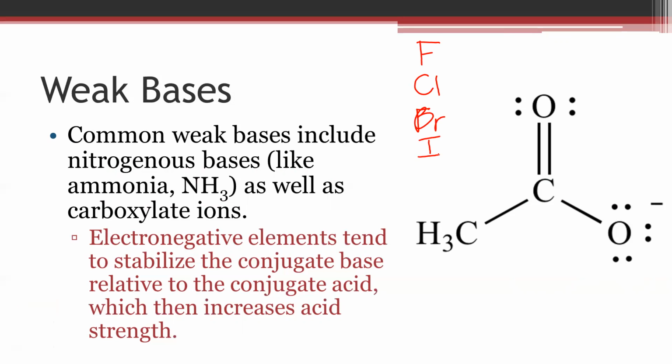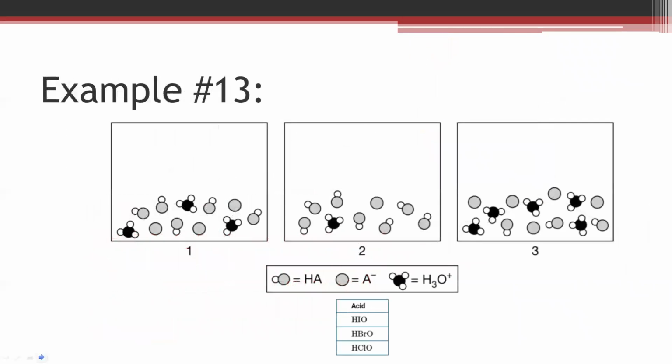Fluorine is the most electronegative of all of the atoms because it has the greatest affinity for electrons. So when you're comparing acids or bases with these electronegative elements, the stronger one would have the element higher up in the column. Anything that contains iodine or bromine would be a lot weaker than acids or weak bases that contain fluorine or chlorine. So we have this example to practice.